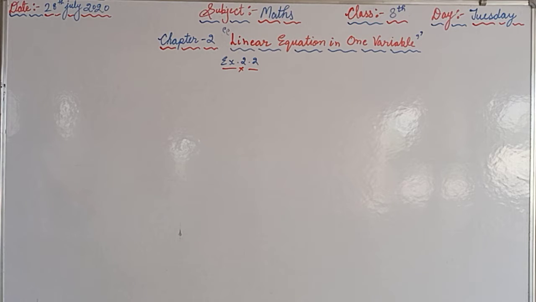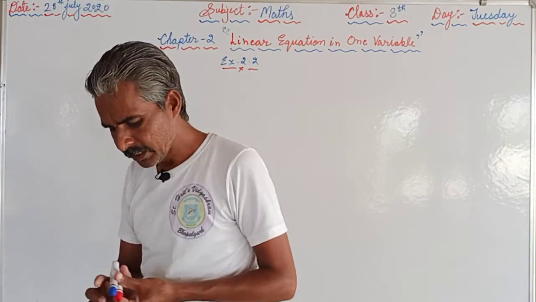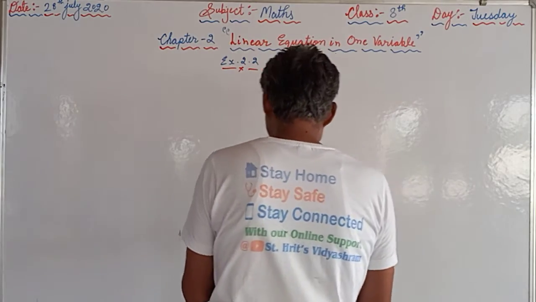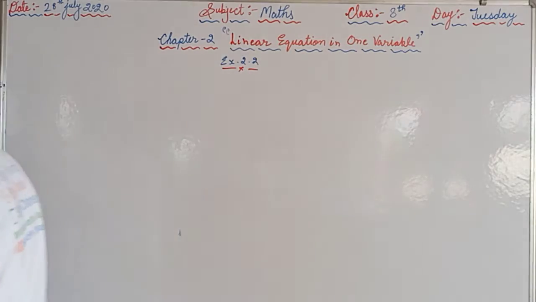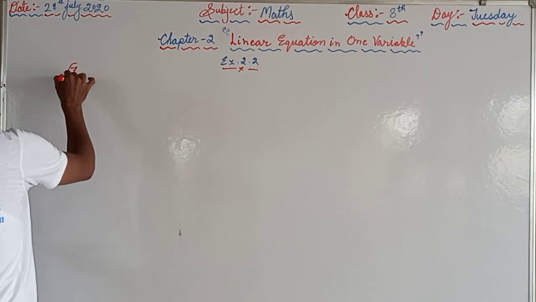Question number 7: the sum of 3 consecutive multiples of 8 is 888. Find the multiples. 3 consecutive multiples of 8 means... This is question number 7.